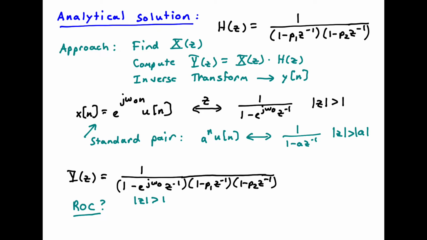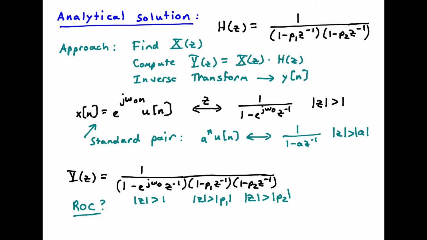The region of convergence for this term is magnitude of z greater than the magnitude of P1. And for this term, the magnitude of z is greater than the magnitude of P2, the second pole. In general, P1 and P2 can be complex, so that's why we're taking their magnitudes here.